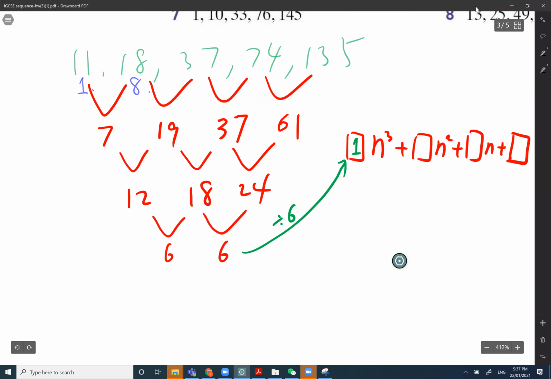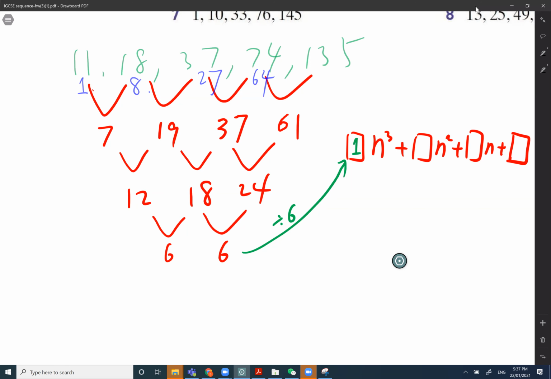Lisa, 3 cubed is 27. 4 cubed is 64. 5 cubed. Now let's check the difference. Selena, what's the difference?